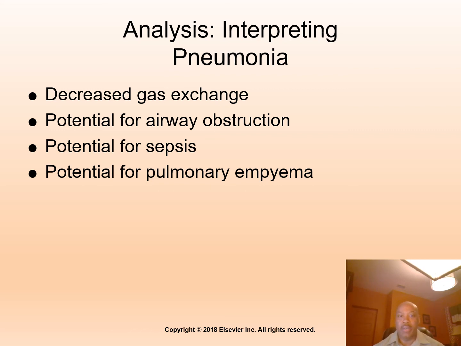Some of the nursing diagnoses that you can use are decreased gas exchange, potential for airway obstruction, potential for sepsis, potential for pulmonary emphysema. So these are some of the nursing diagnoses you can use.